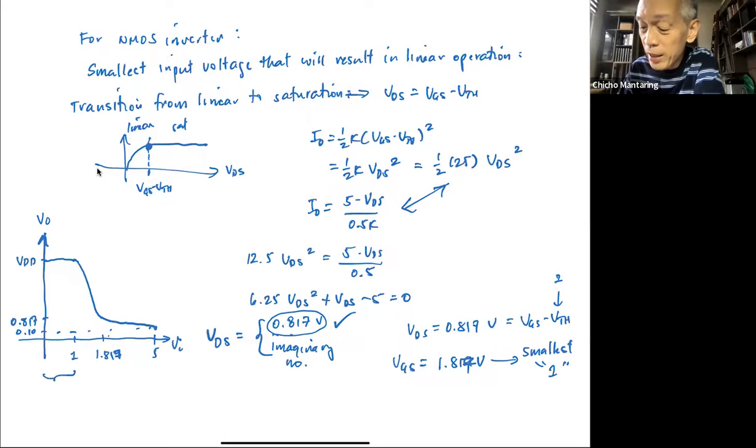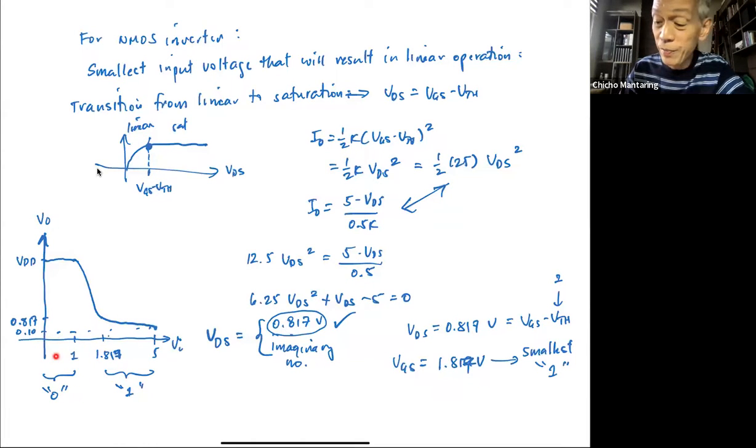Okay. So here, this is equivalent to my 0. And here, this is equivalent to my 1. And note that when my input is 1, my output will be anywhere from 0 to 0.817. Okay. Which is pasok dito sa 0 to 1. No, sorry. Yeah, that's right. Pasok dito sa 0 to 1. Right? So let me just state that, no?